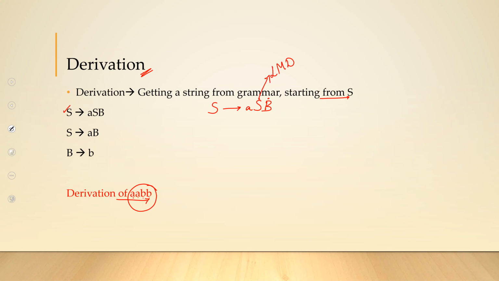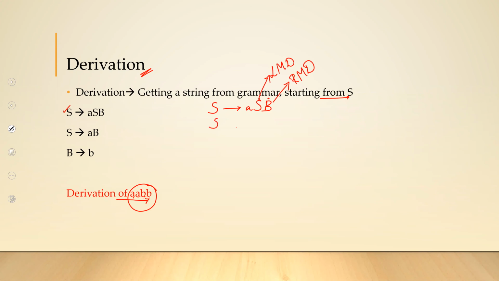If you are trying to replace the leftmost symbol, you call it a leftmost derivation. And then you even have something towards the right. If you're planning to do with this, you will be calling it a rightmost derivation. So you can use whichever you want. The only thing is at the end of the day, I should be getting AABB. So let's try doing it.